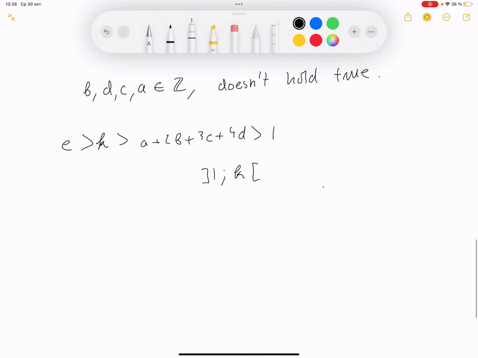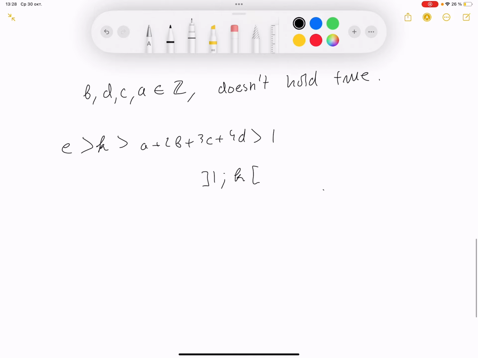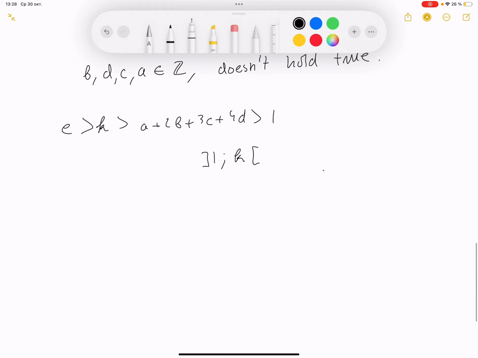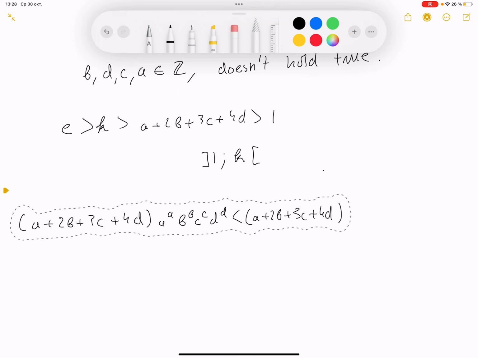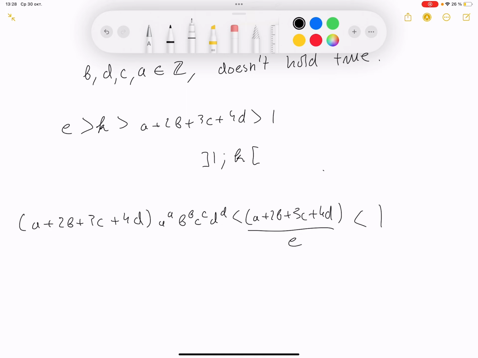Okay, so we have this inequality, a plus 2b plus 3c plus 4d. The lengthiest part in this solution is just rewriting the expression many times over. Smaller than (a plus 2b plus 3c plus 4d) over e, which is smaller than 1.